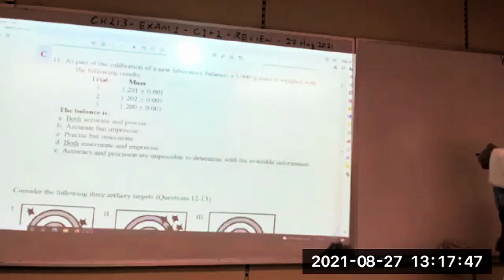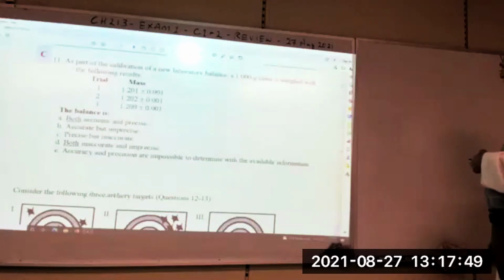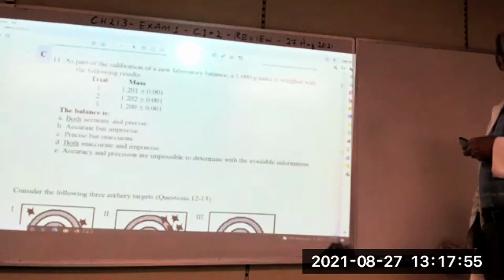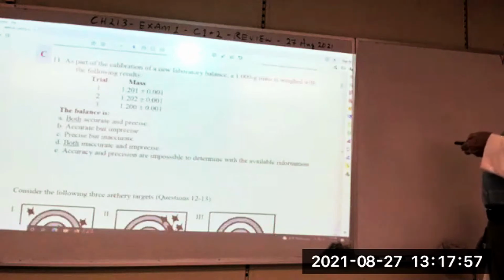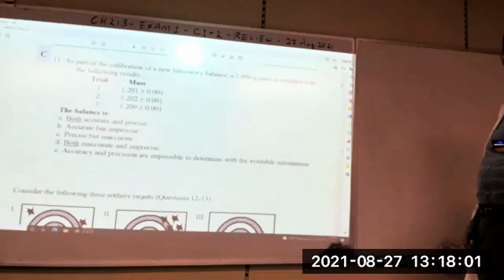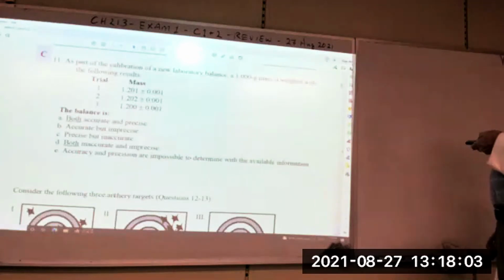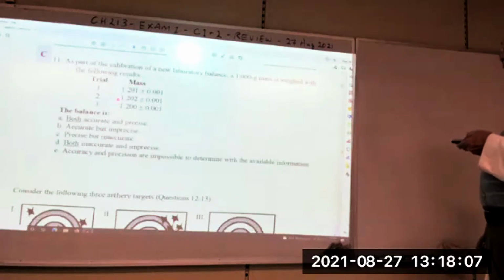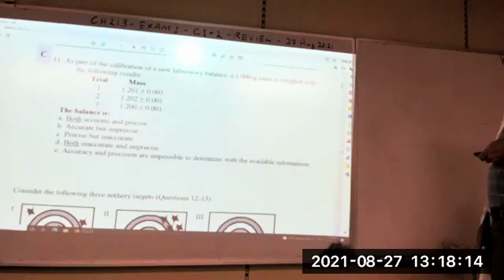All right, here's an actual data set. And we want to say something about the accuracy and the precision of this data set. So we have more than one measurement, so we can draw some conclusion about the precision. The values that are measured here are supposed to be 1 gram.